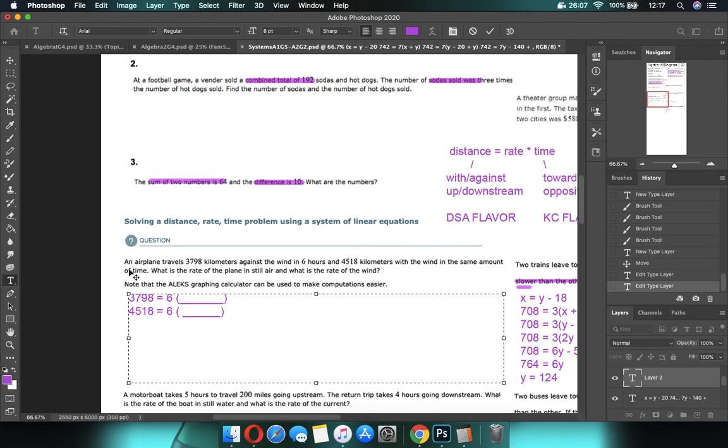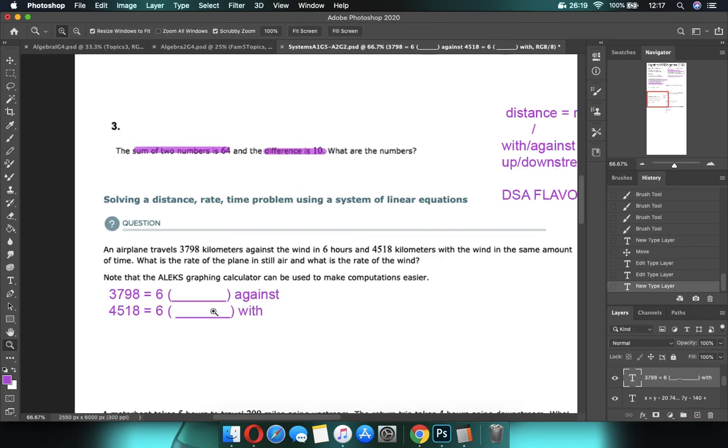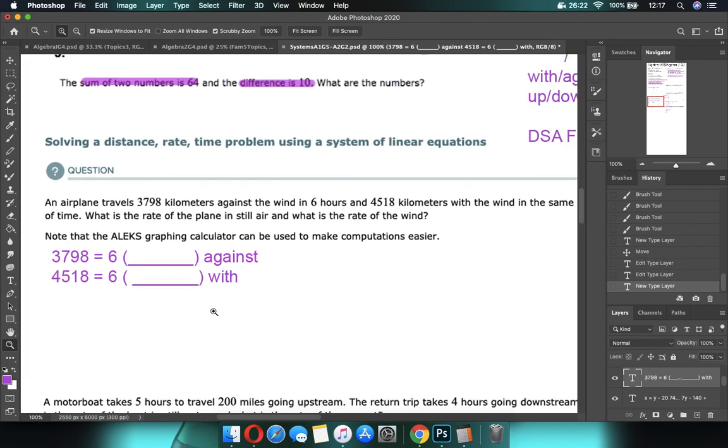All right, I wanted to keep a note of this one, the 3798, that was against the wind, and this one is with the wind. So vocab, keywords, actually important. This is the one where you actually have to read for half a second. So what we have here, the plane is going against the wind.